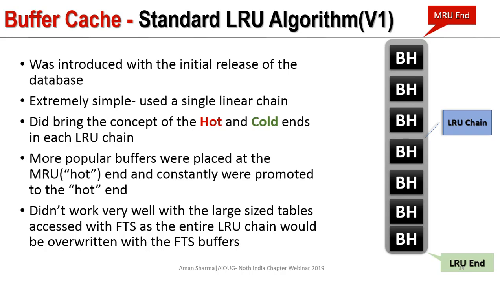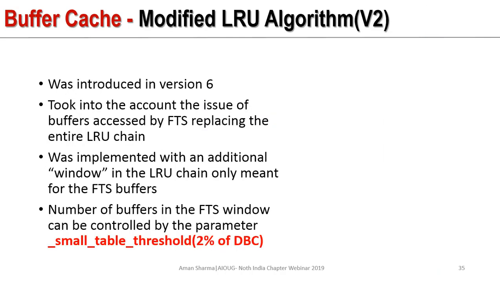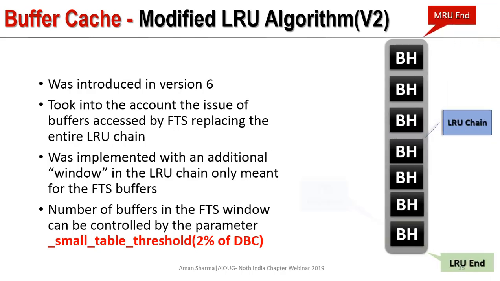This needed some tweak, and it came in version 6 as the modified LRU algorithm, or V2 version of it, which made a small change: for full table scans happening on larger tables, Oracle created a small window, or small chunk, which was called the FTS window.